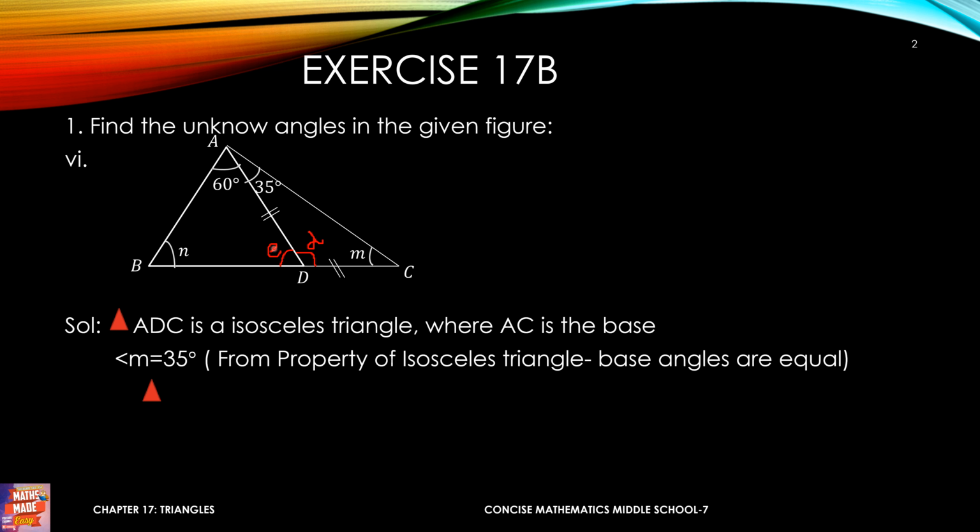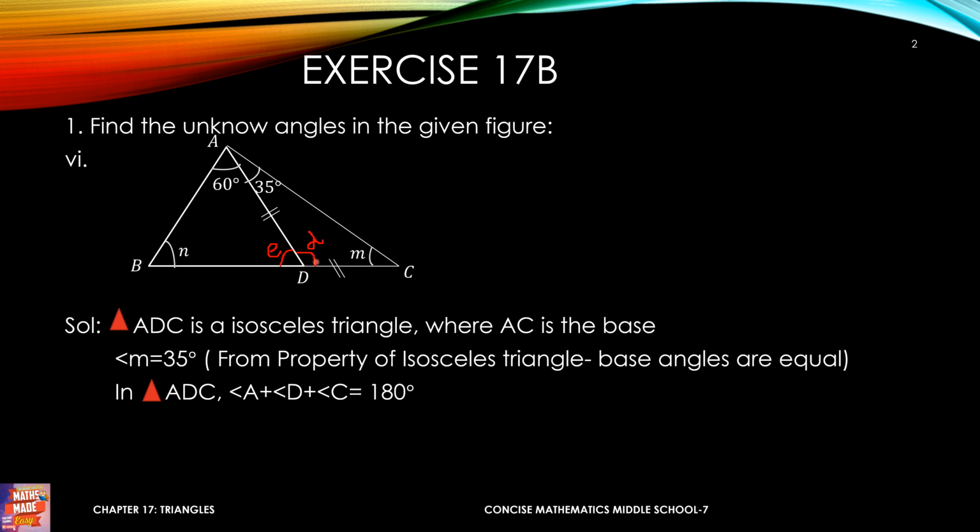So we need to find the value of this part first. Then only we can find N, right? For finding this value, we need to find the D value first. Since we know 35 degrees and M is also 35 degrees, we can easily find this angle. So now just consider angle ADC for finding the D value. First let's find the D value.